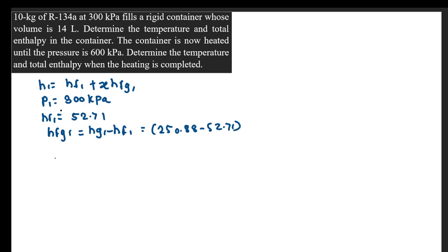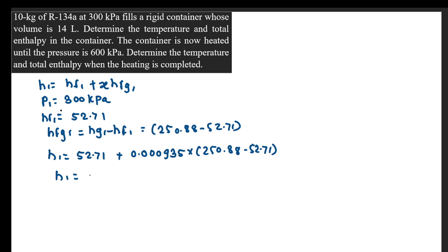If you put this value here, you will get H1 as 52.71 plus x, the dryness fraction, 0.00935, into 250.88 minus 52.71.